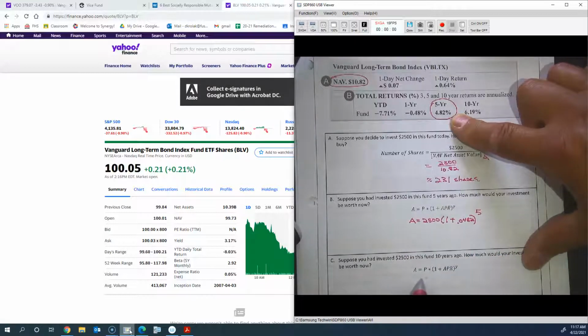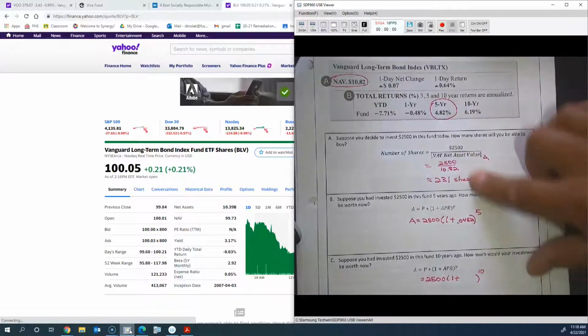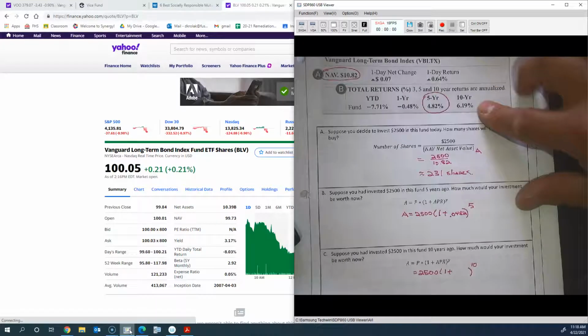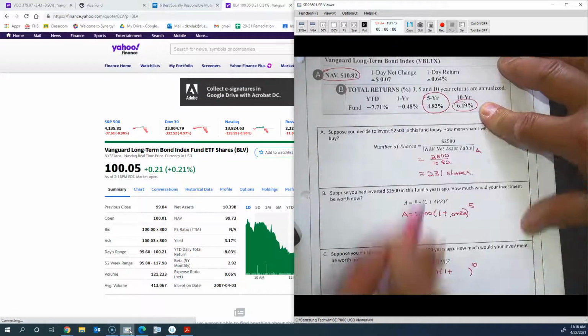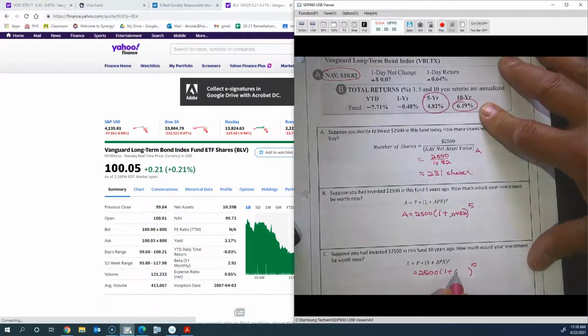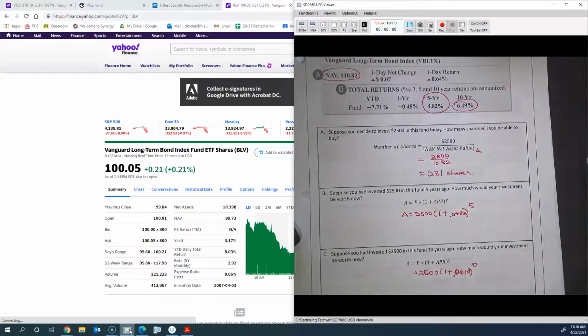And the second one is simply 2,500. And this one is the 10-year average. So if I go up here, that's how much my money grew, 0.0619. And now all it is is run it through your calculator.